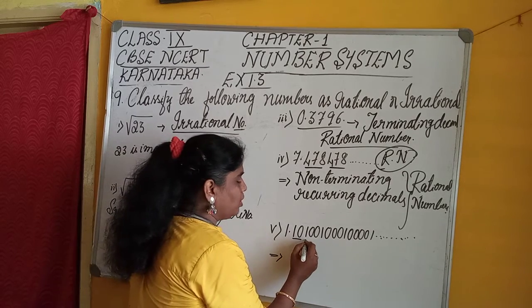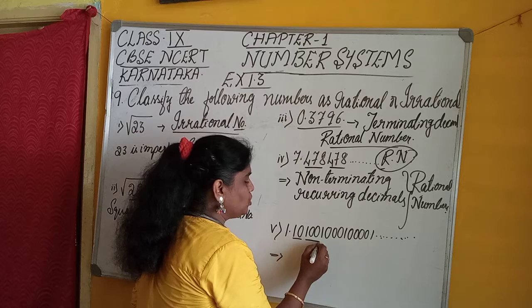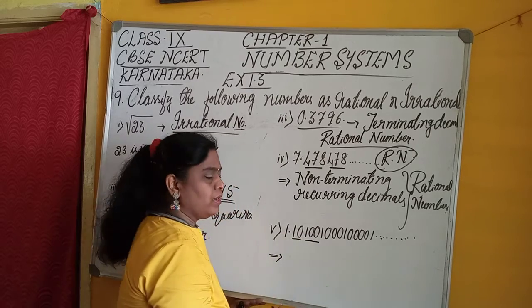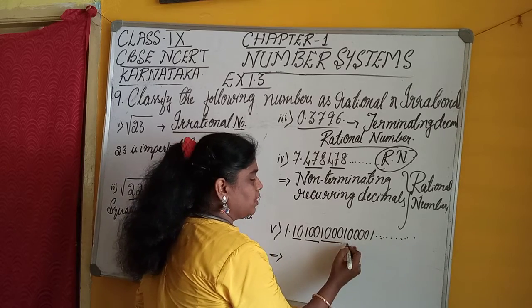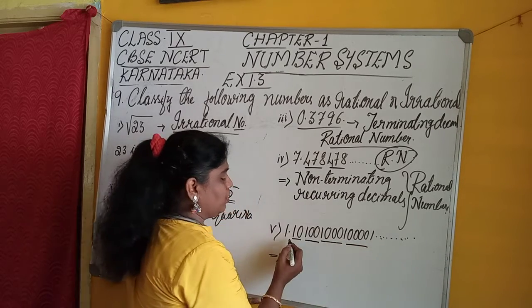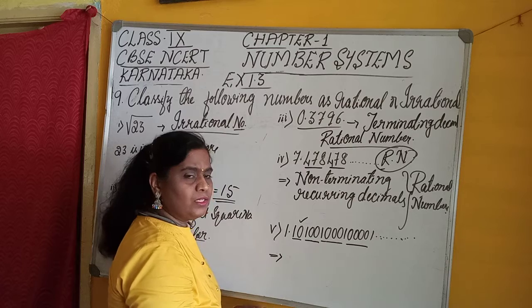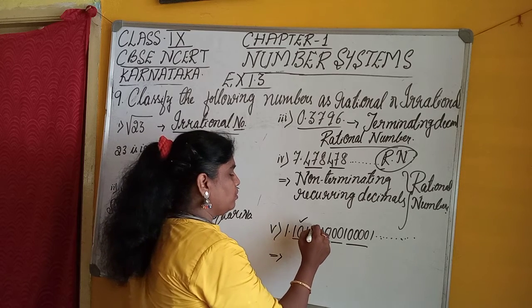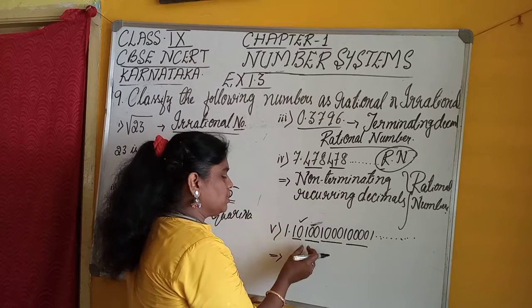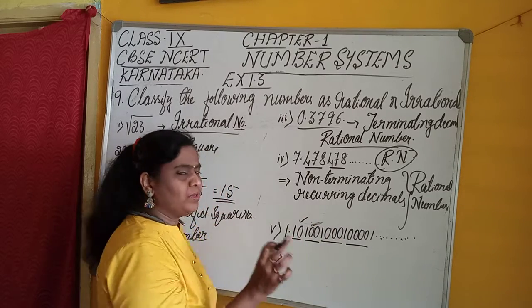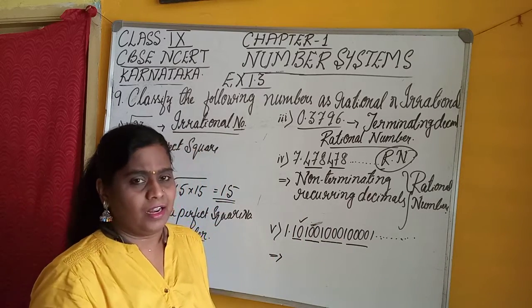After that 1 0 0, and then 1 0 0 0, and then 1 and 4 zeros. Here after 1 only 1 zero is there, here after 1 two zeros are there. The string of numbers is not recurring.